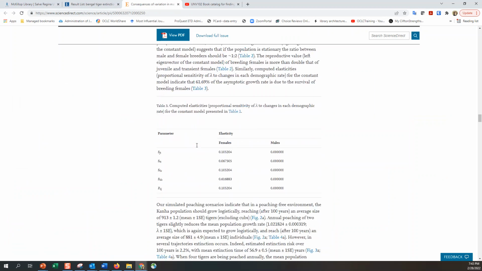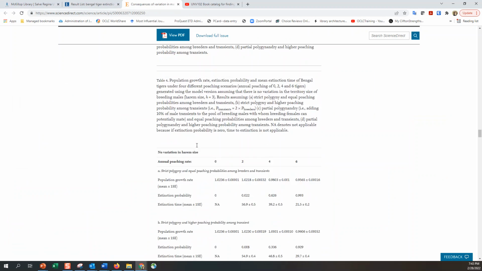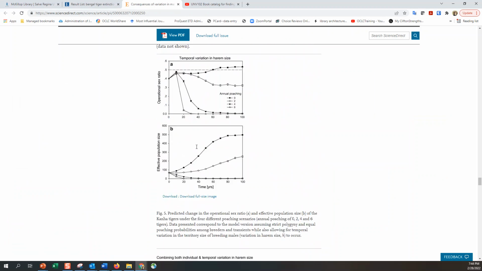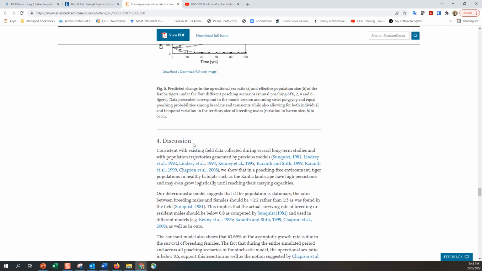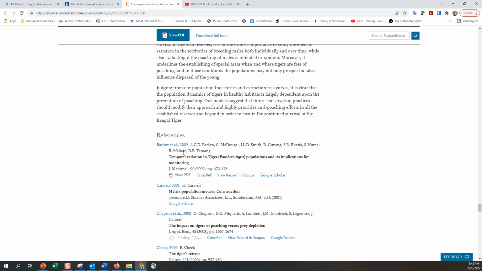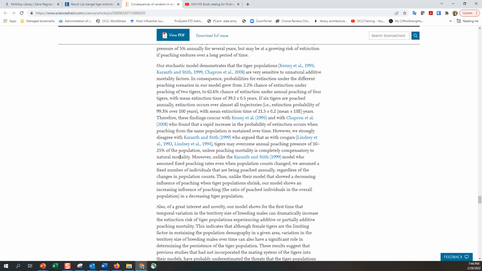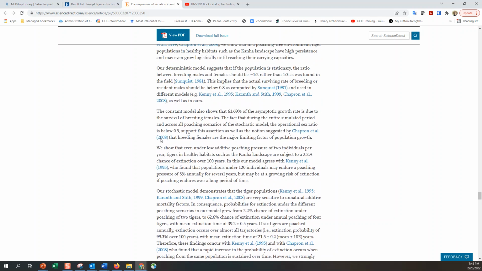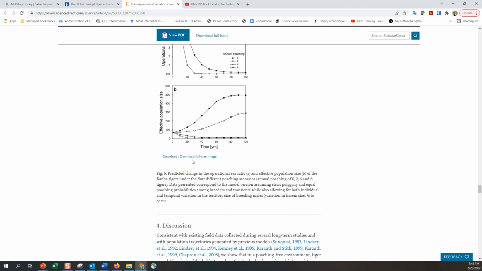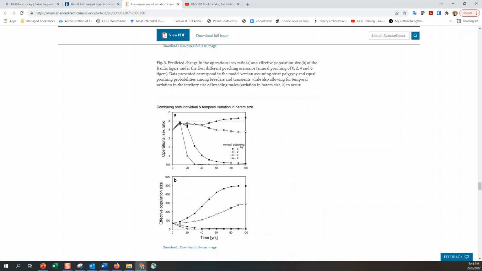And then if we keep going down, it looks like instead of conclusion, they have a discussion section. So sometimes this is just to note that you will find some variety in the structure, but this discussion section does what a conclusion section would do. So the content is similar.